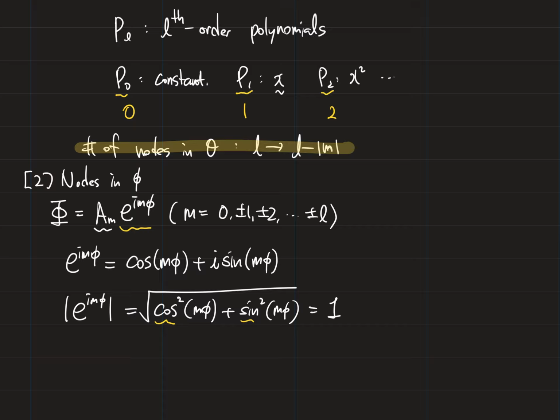So you might think there shouldn't be any nodes for this part, right? This value always gives 1. But what we are trying to say here is we don't really play in the complex number plane. We are living in a real number space.